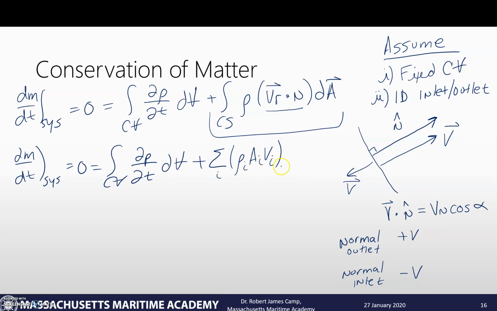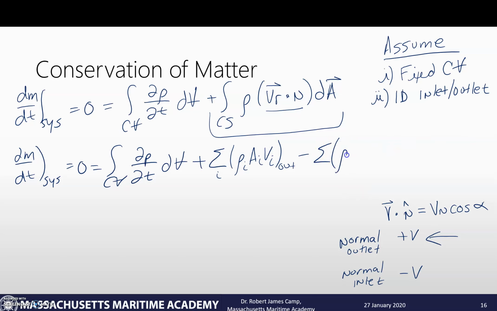So it's all this stuff coming out, because that's our positive, because of our normal outlets, minus the sum of rho, A, V, once again, I number of inlets, of what's coming in. And so now it's pretty easy because it's just, okay, what's the density, what's the area, what's the velocity coming out, subtract everything that's coming in, and that gives us our change in matter that's coming through the control volume.